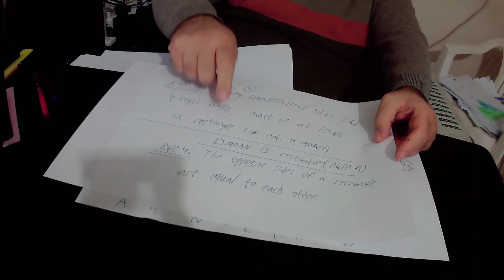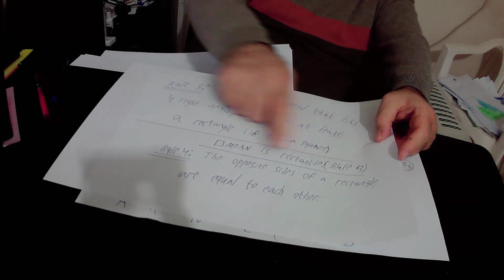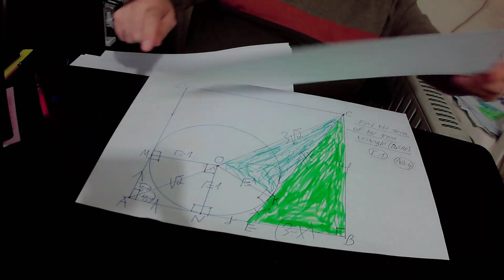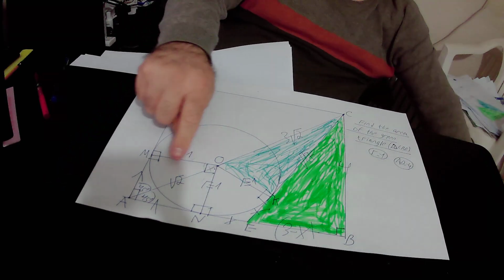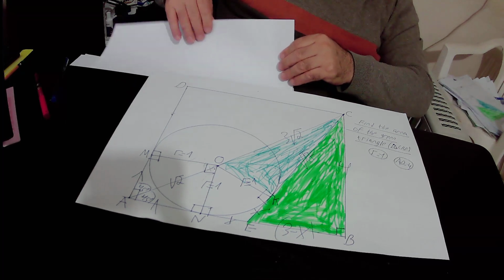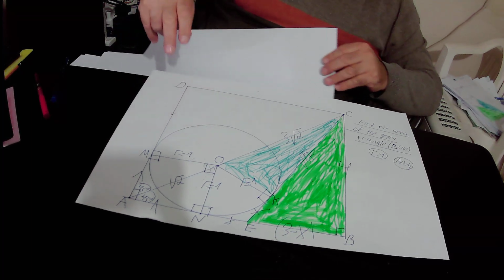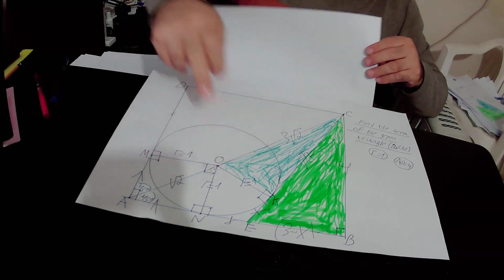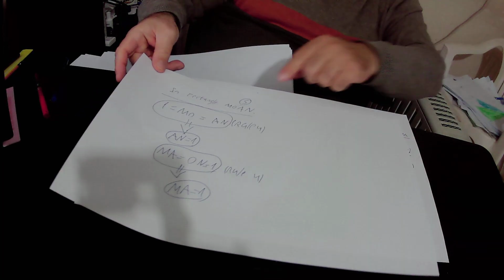We also have rule number 4: the opposite sides of a rectangle are equal to each other. So in rectangle MOAN, MO equals AN, according to rule number 4.